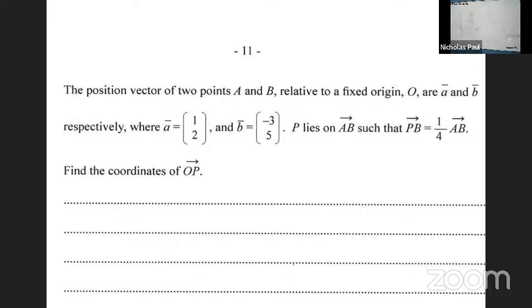I suggest checking your diagram on the position of your P, right?